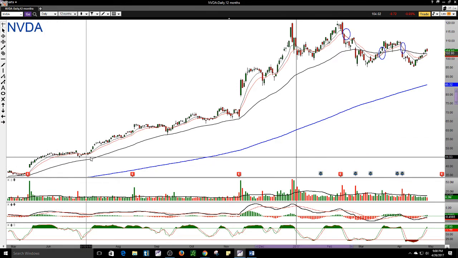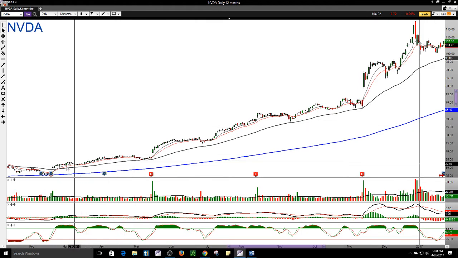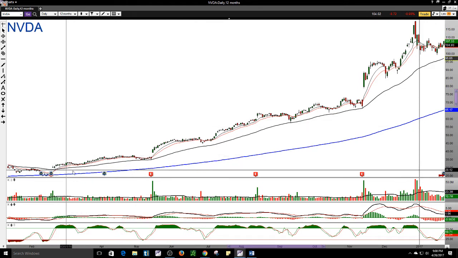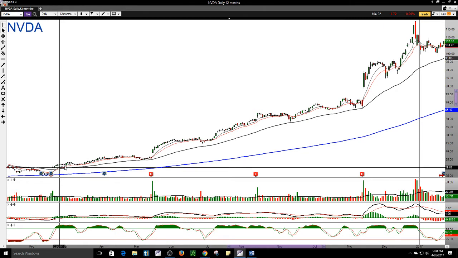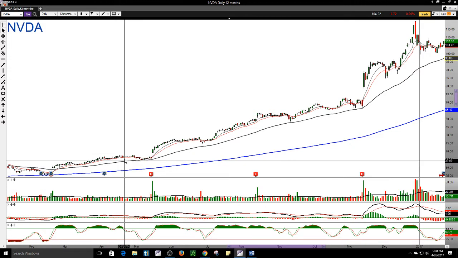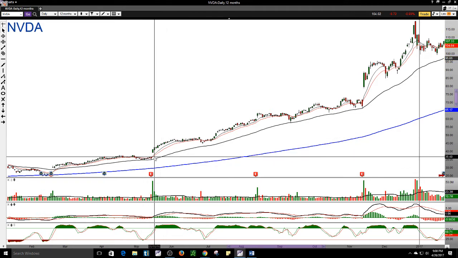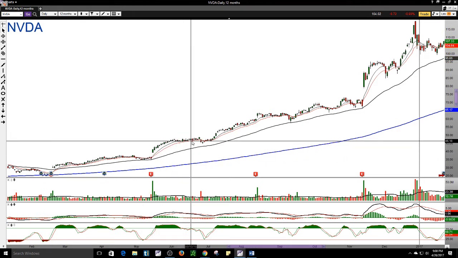Now, if you were following this 8/13 strategy from way back on this chart, it would have put you in all the way down here, even at the simple 8/13. And being that you're up, as the chart's working, maybe you get stopped out here because it did dip down underneath, and maybe you got back in here because the chart started to work. But there's a part where you really have to use discretion on a chart.